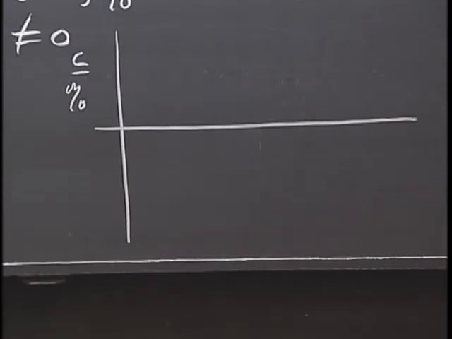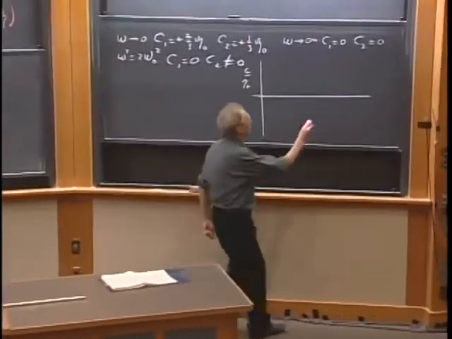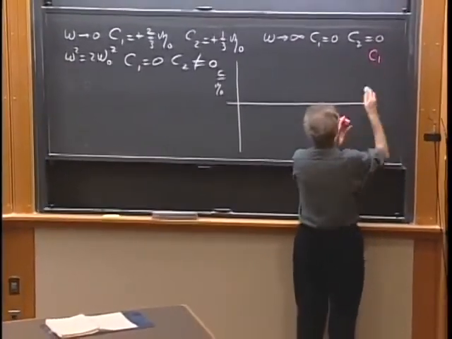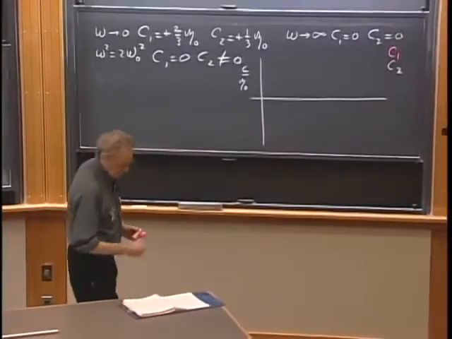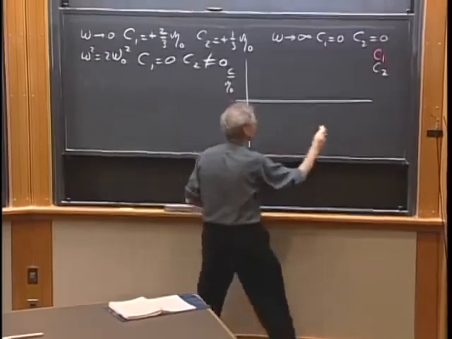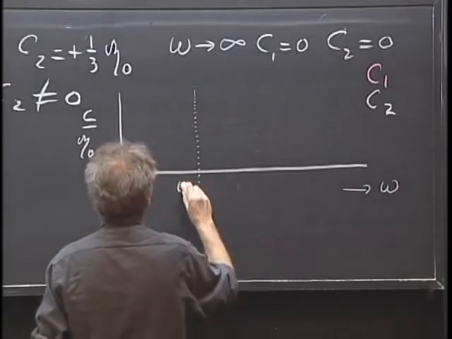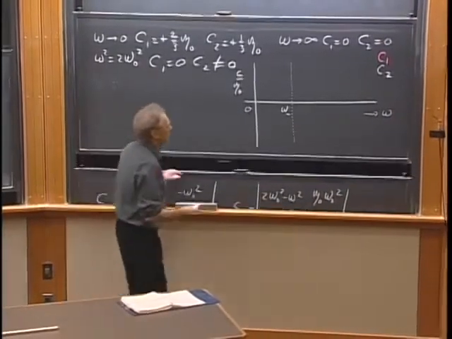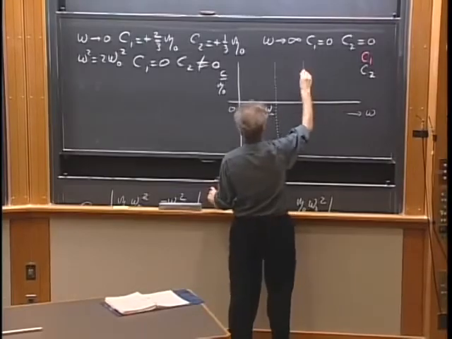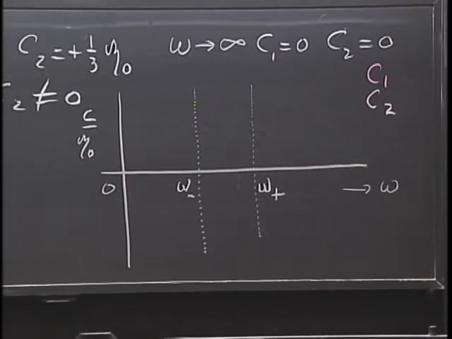I will use a color code: C1 in red, and C2 in white chalk. So here is 0 omega. Here is omega 0, which is my omega minus, and then my omega plus was the square root of 3, so that's about 1.7. So here is my omega plus, and then things go nuts. That is when d goes to 0.